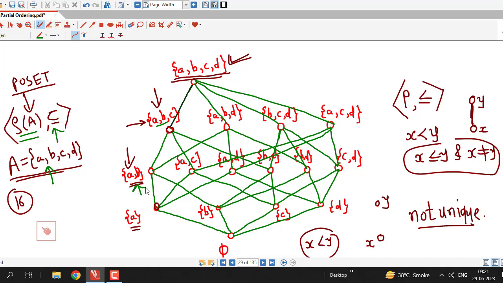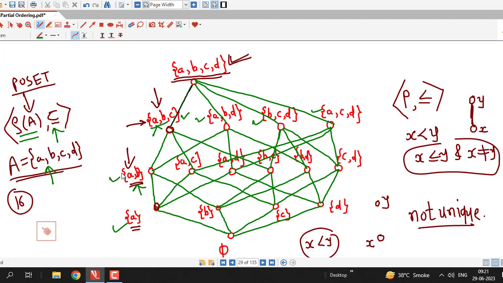Then each of these sets AB, AC, AD, BC, BD, CD covers those sets having only one element. Then this set ABC covers 3 elements AB, AC and BC. So each of these sets covers 3 elements, each of these sets covers 2 elements, and each of these sets covers only one element.